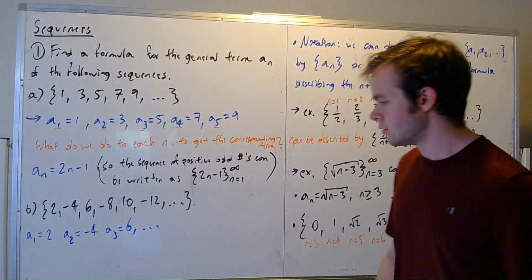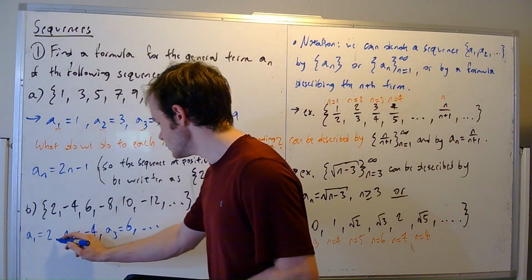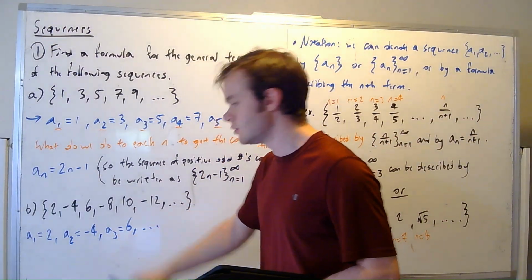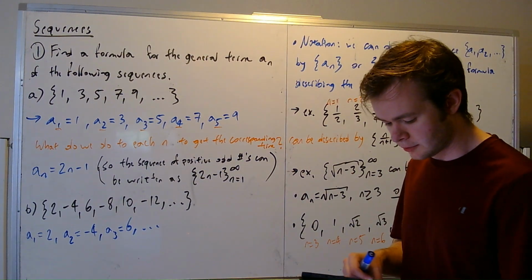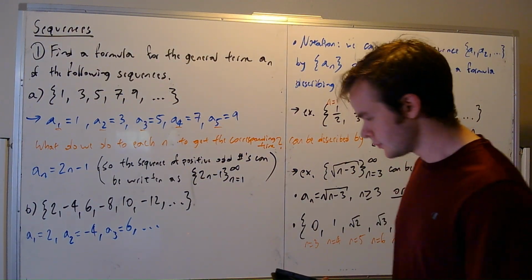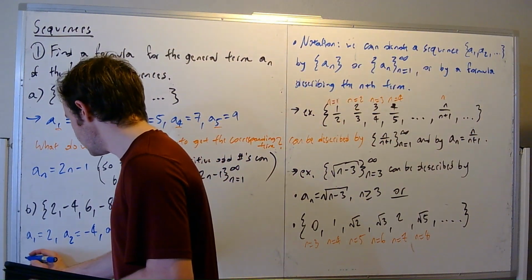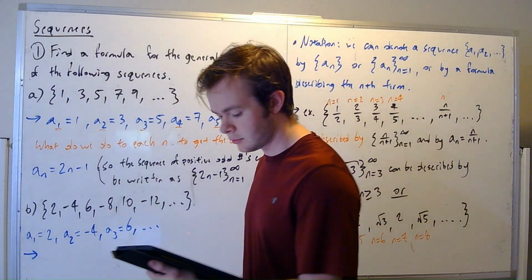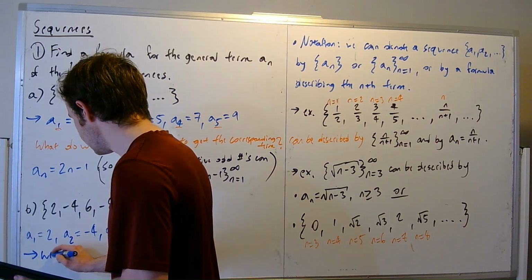Right? So we just need to look at what's happening to the values of n to get to the entries that we have in the sequence. So we need to figure out how to get alternating positive and negative signs.